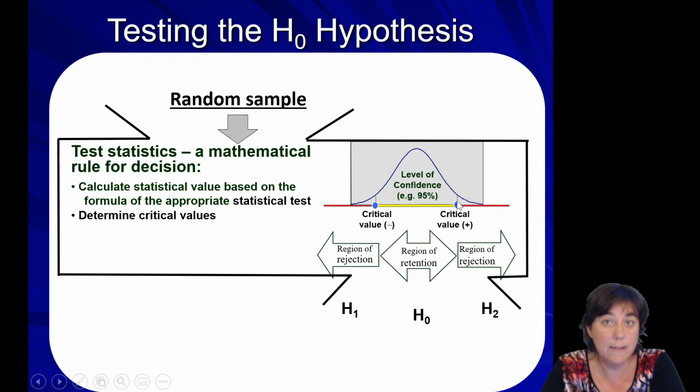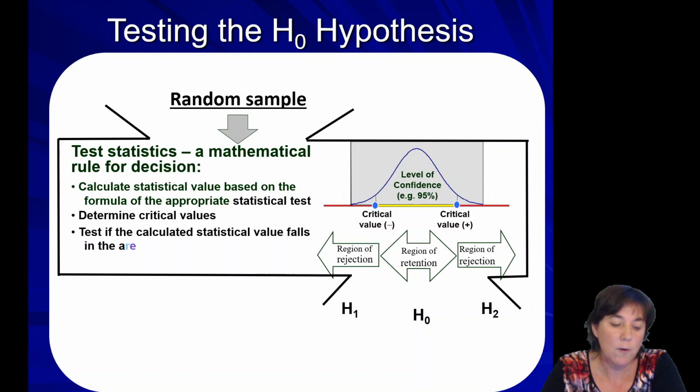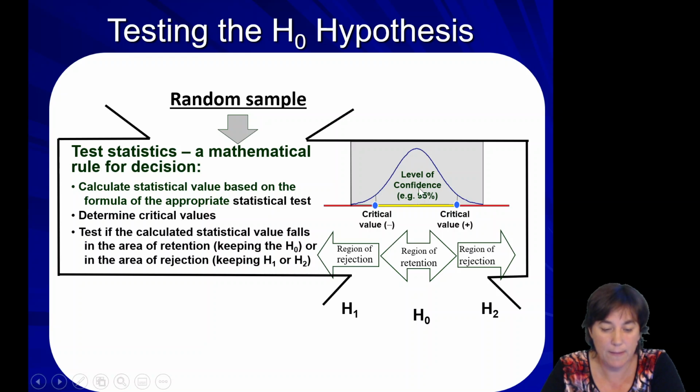The basic idea is that based on this 95% confidence interval, if the actual calculated value is within these 2 points, tough luck, you have to retain your hypothesis. You cannot say anything definite. You just say that I didn't find any significant differences, let's say. Now, if it's within this area, then you keep the null hypothesis.